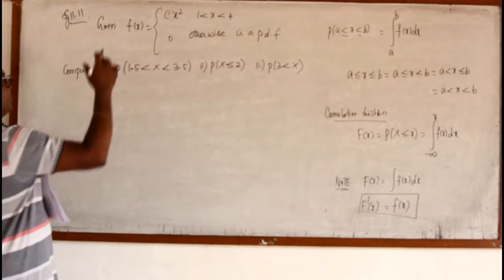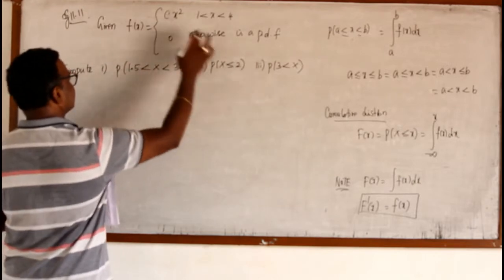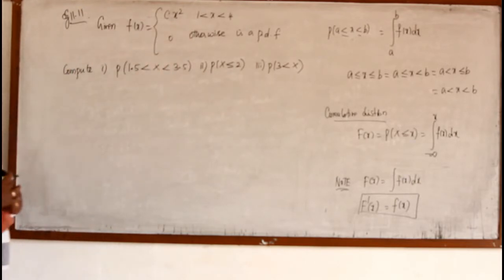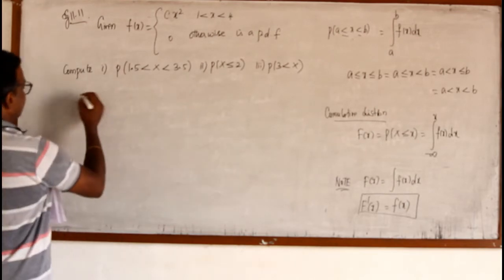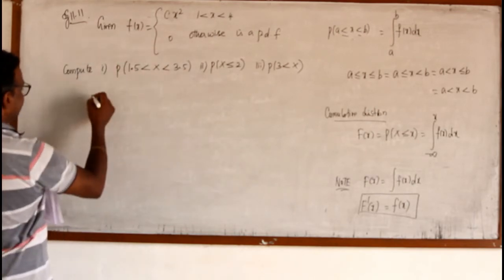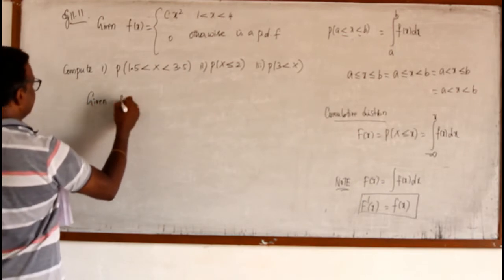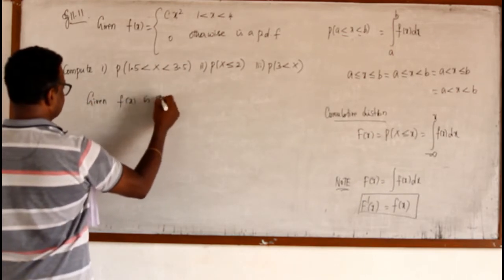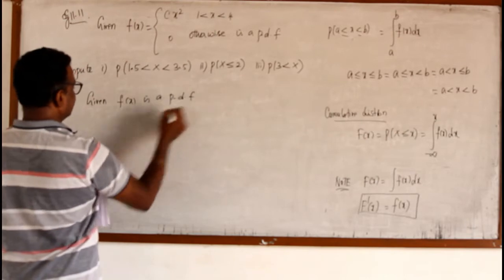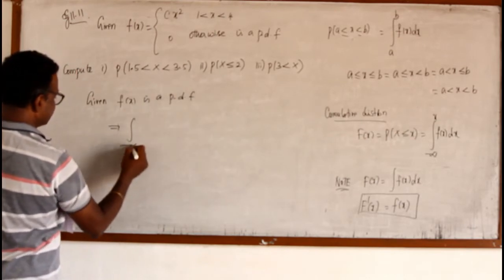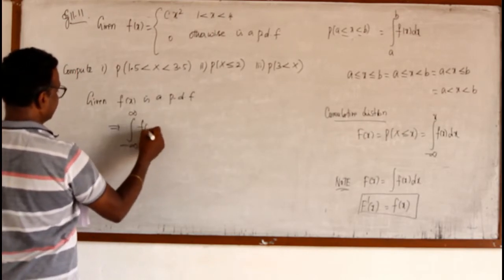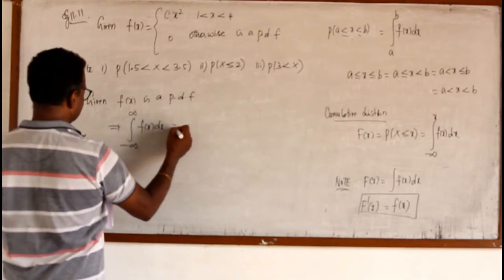Now listen here. Before going to find all these things, I need the value of this c. So first find the value of c, then we go for the remaining. How to find that c? They give f of x as a PDF, isn't it? f of x is a PDF. Then the total integration from minus infinity to plus infinity of f of x dx is 1.